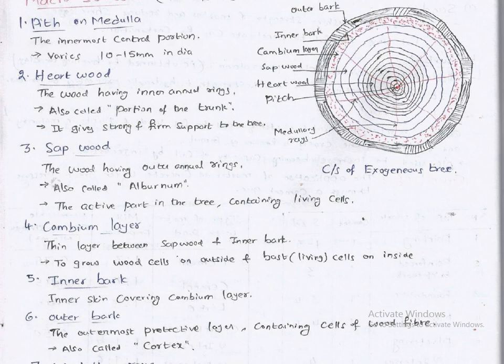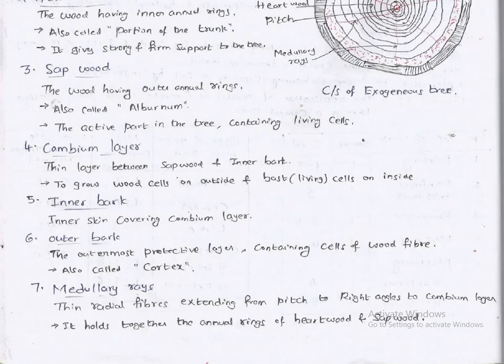Defects in timber. Pay attention, important topic. Due to conversion: diagonal grain, torn grain, chip mark, wane. Due to fungi: blue stain, sap stain, brown rot, white rot, dry rot, wet rot, heart rot.